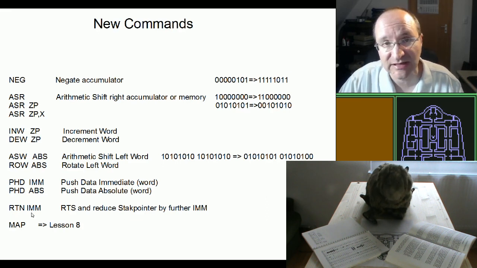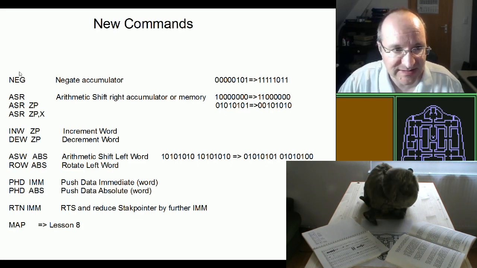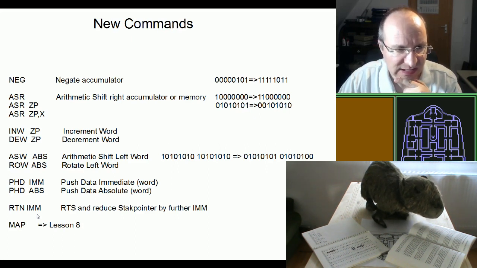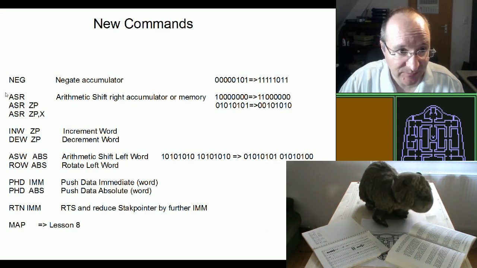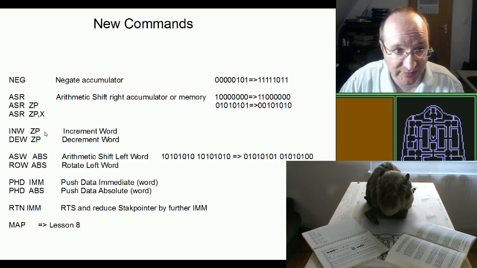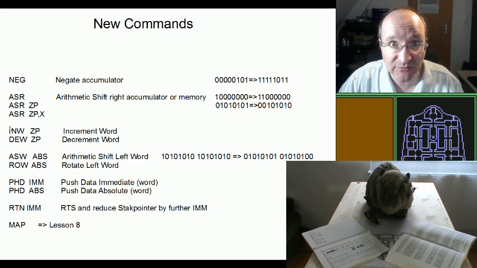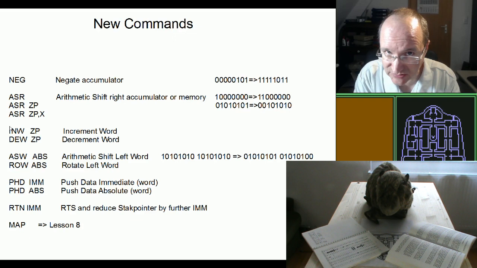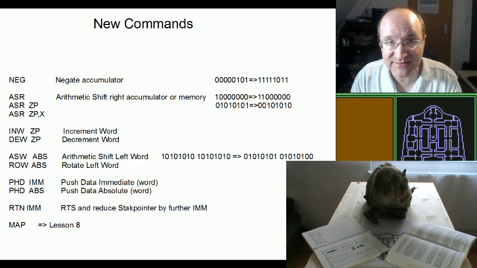I have not found any documentation or statement about the cycle times of those. So if someone of you has found one, please leave me a comment under the video, because this would be really interesting, especially for these comfort functions, to see if they are really only comfort, so you just don't have to type and do it manually, or if there is also an advantage in the cycles they need.